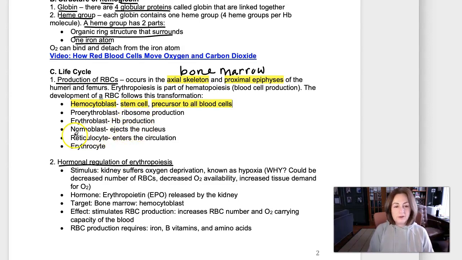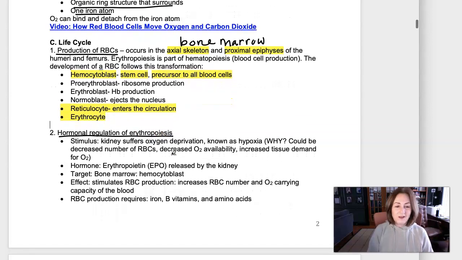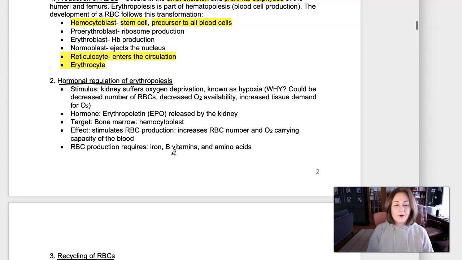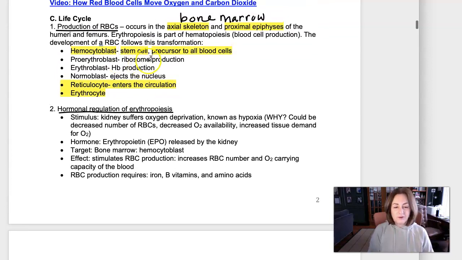Normoblast ejects the nucleus. Reticulocyte enters the circulation, so we would see that in circulation. And then, of course, erythrocytes do the job of transporting the oxygen around. As far as regulation of erythropoiesis, it's hormonally regulated, and the stimulus would be the kidney.